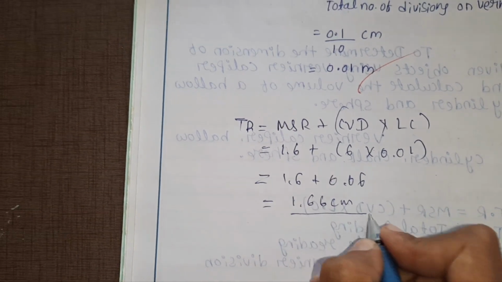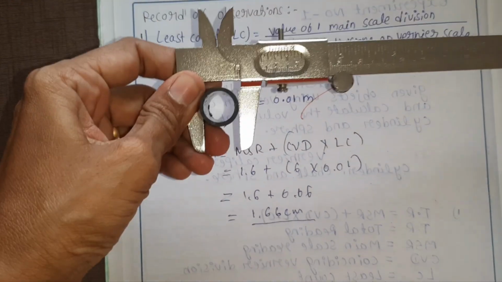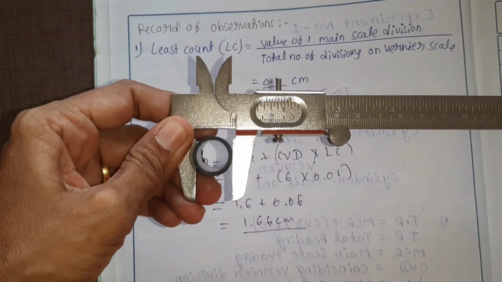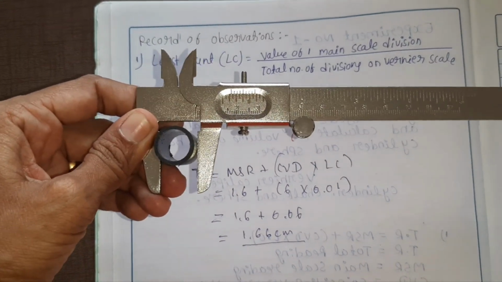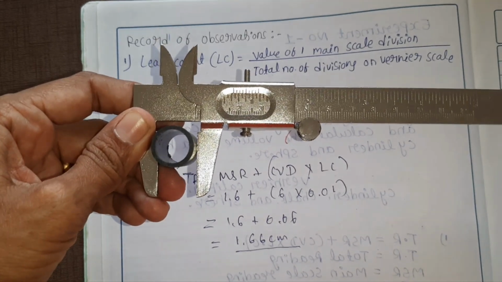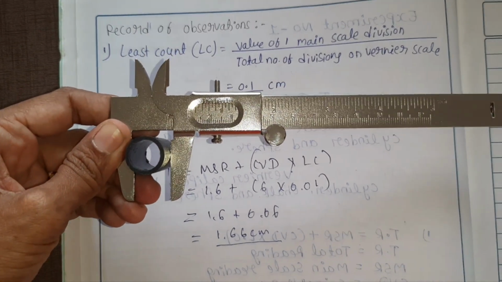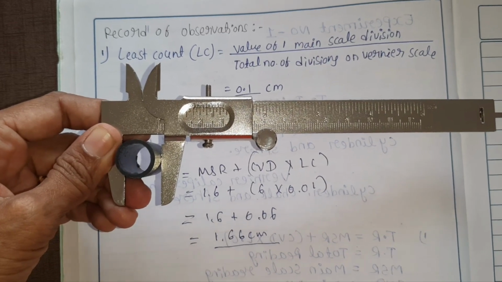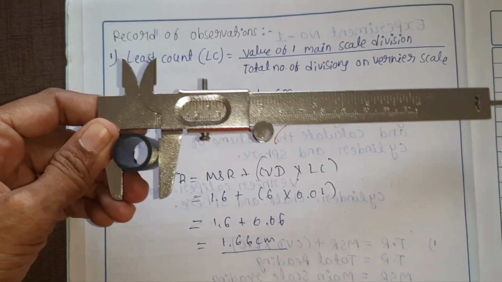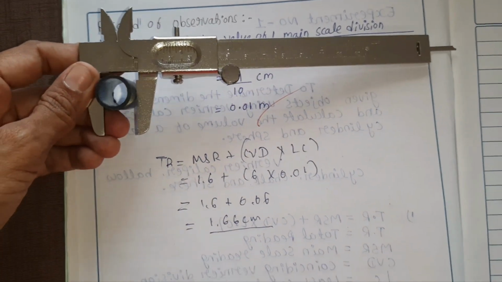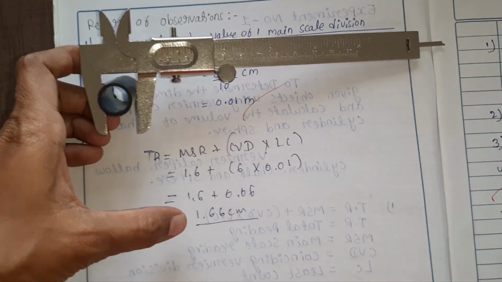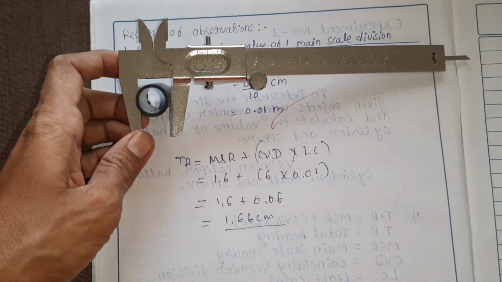This is the diameter of this given material. This is the outer diameter. Inner diameter you can also measure. You can repeat the same procedure 3 times and calculate the average, then you will get the final diameter, which is around 1.6.